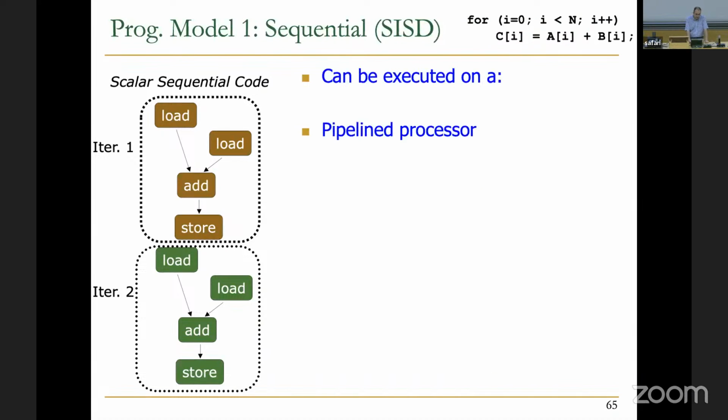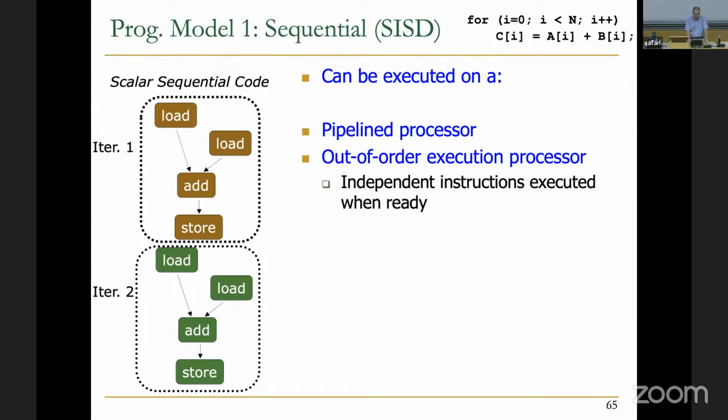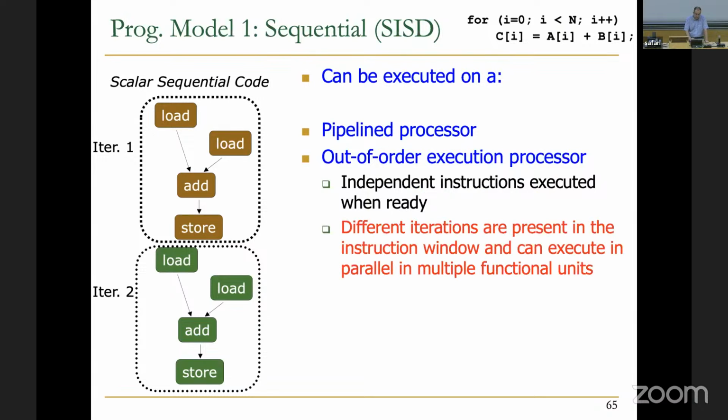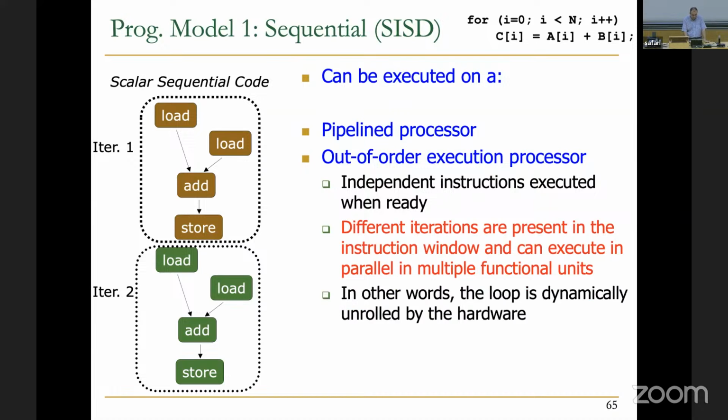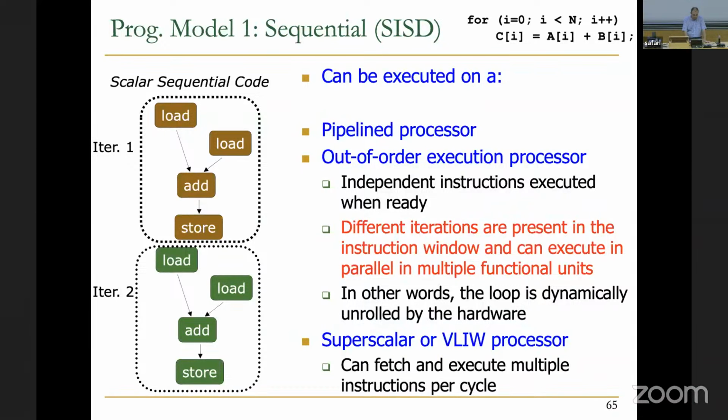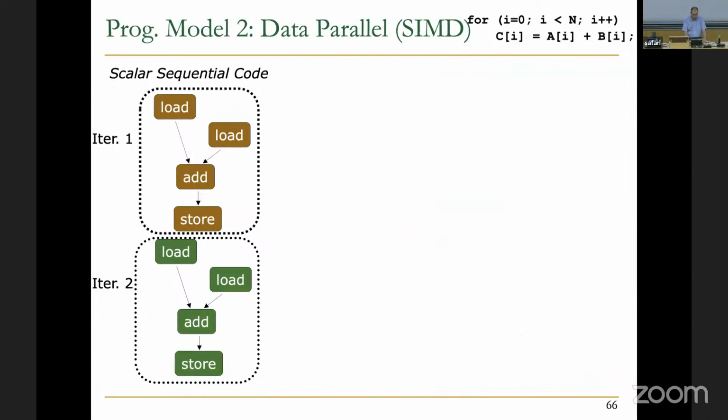So a SISD architecture can be executed on a pipelined processor, and it can be executed on an out of order processor, because independent instructions are executed when ready, and different iterations are present in the instruction window and can execute in parallel on multiple functional units. It can also be a superscalar or VLIW processor, which we haven't covered in detail in this semester. So that shows some difference between program model and execution model.